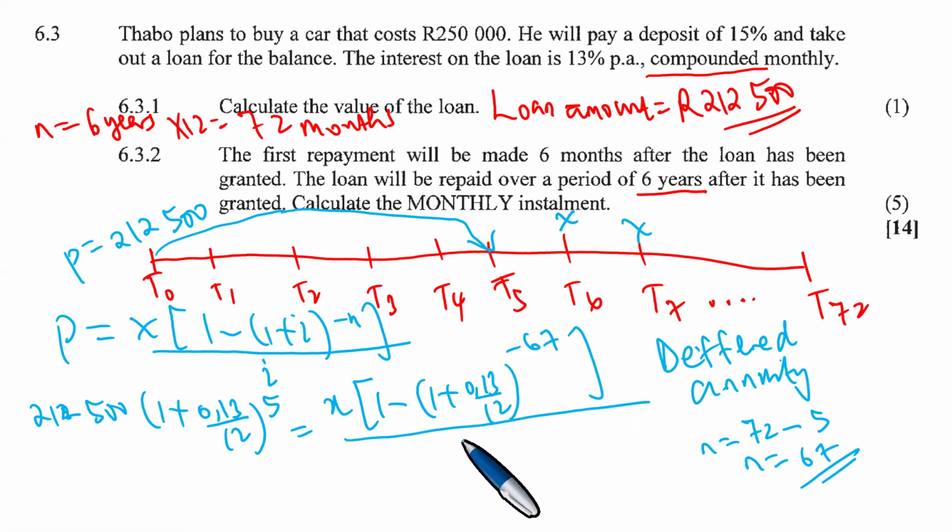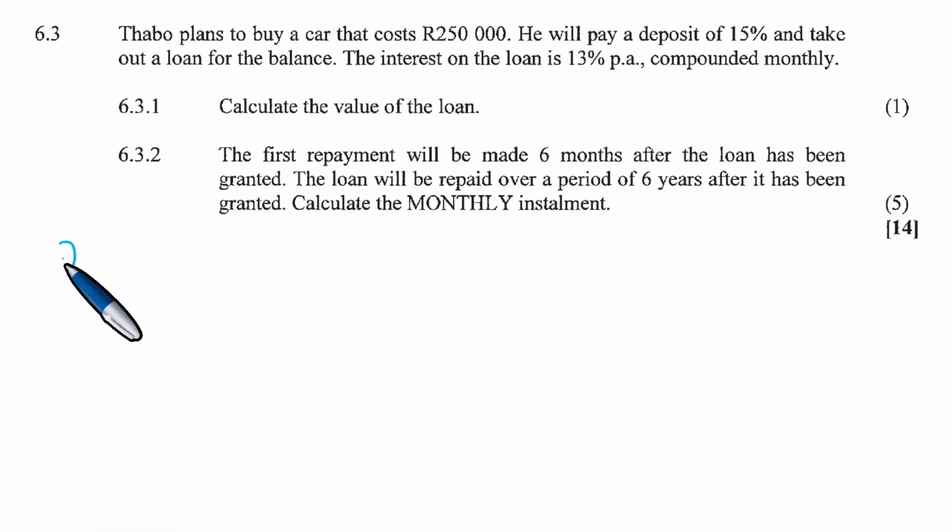Okay, so now you have 0.13, you divide this by 12. Right, after this, we continue to solve this, and we need to be able to solve for x. So which means that you'd have 212,500.